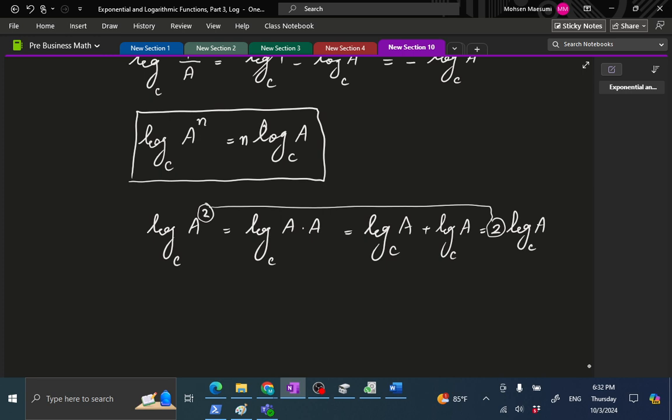So we have learned multiplication, division, and exponentiation. We have rules for all of them. There's only one rule left, and that is change of base. We have not been paying much attention to what base we have, but we have learned that there are several bases available.